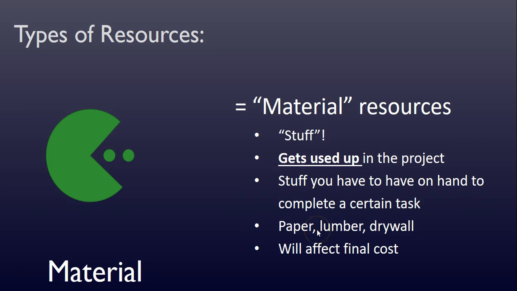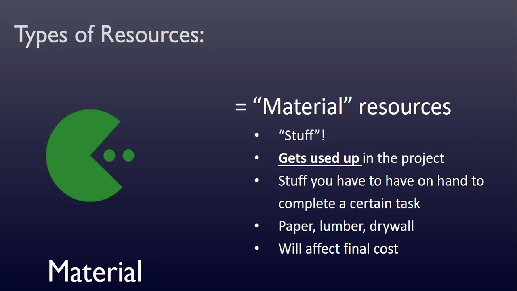If you are making a book or something like that, it's a printing project, you are going to use up paper and ink. That's what your material resources are going to be in that scenario. And it's really important that we account for this as project managers because it's going to affect our final cost. This is the stuff that we need to have budgeted in addition to the salaries that we're paying for our people resources, right?